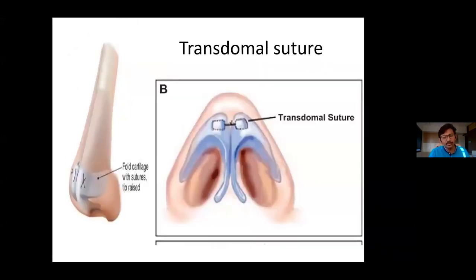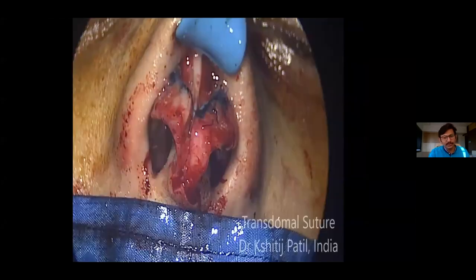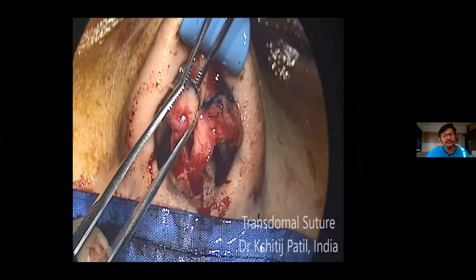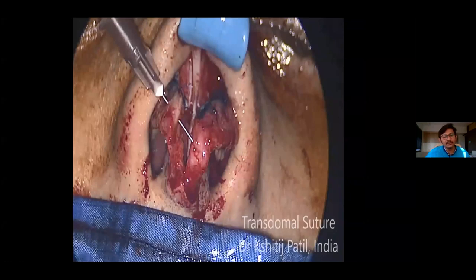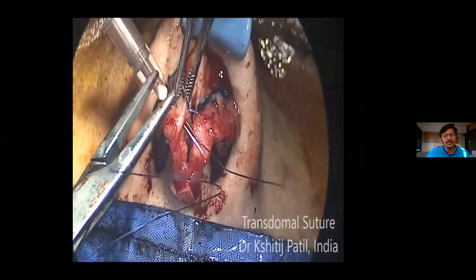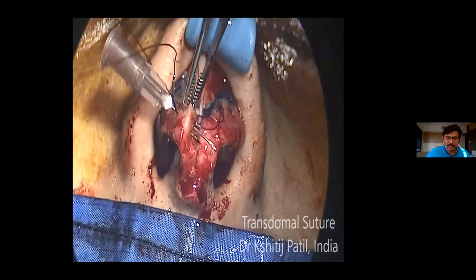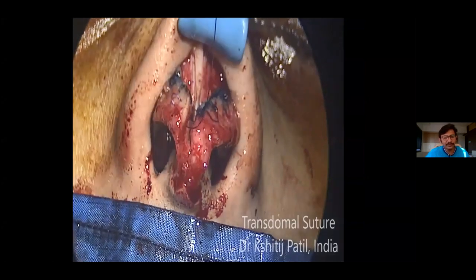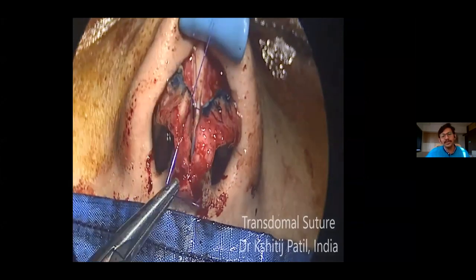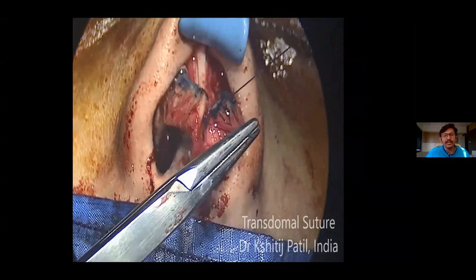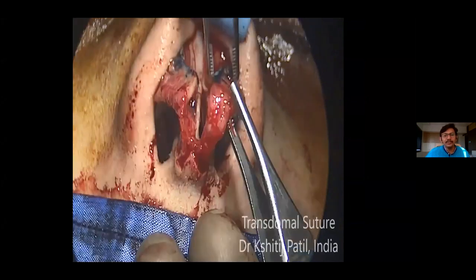Coming to transdermal sutures. For the transdermal suture, you have to see where you want your tip to be. So you mark the tip defining points, and then you hold it with the forceps.